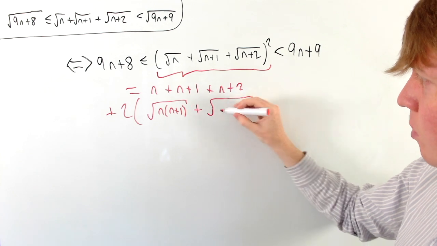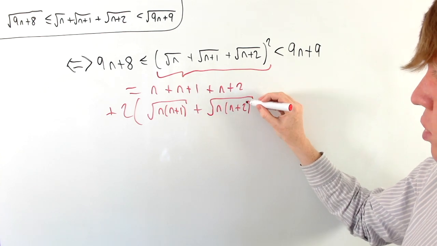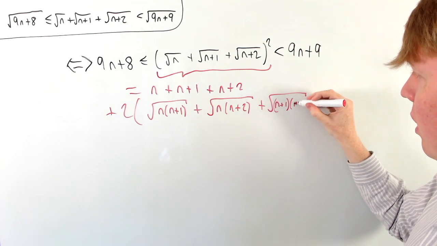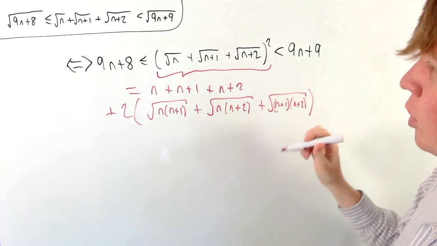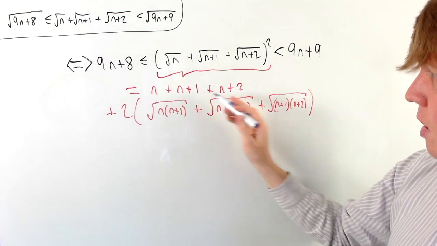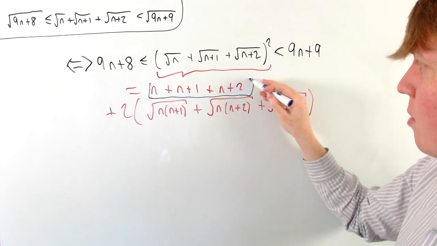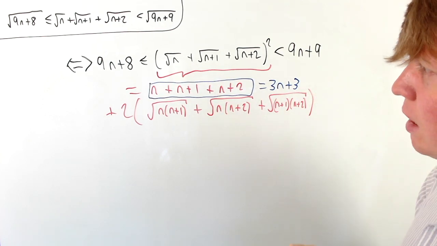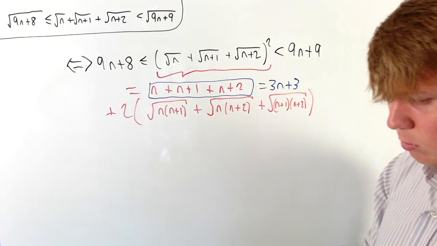And similarly for the other pairs of terms, we've got n and n plus 2, plus the square root of n plus 1 and n plus 2 for all of our cross multiplication terms there. And you can actually see here that our n plus n plus 1 plus n plus 2 term simplifies to just give us 3n plus 3.